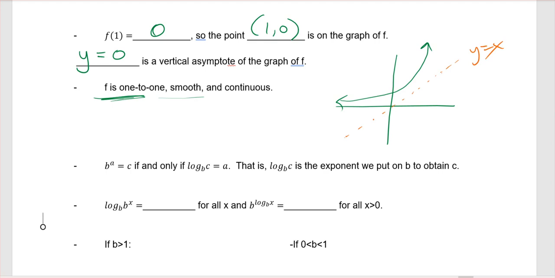So all of these points on that curve are going to be reflected over that line. So this is going to be our logarithm function. Let me get some more room here, and we can draw a very specific one.